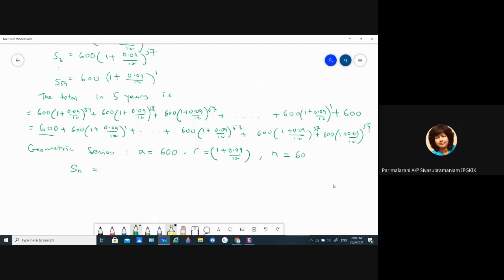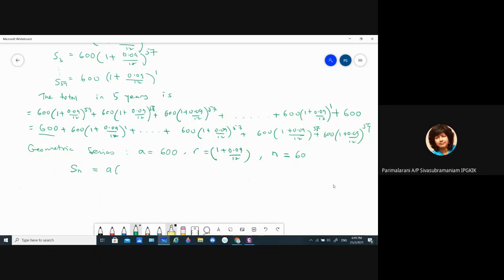What's the formula for the sum of a geometric series? A times R to the n minus 1, divided by R minus 1. What is inside the bracket? Is it 1 minus Rn or Rn minus 1? Why?